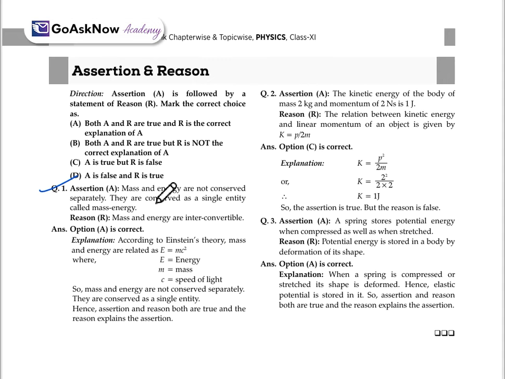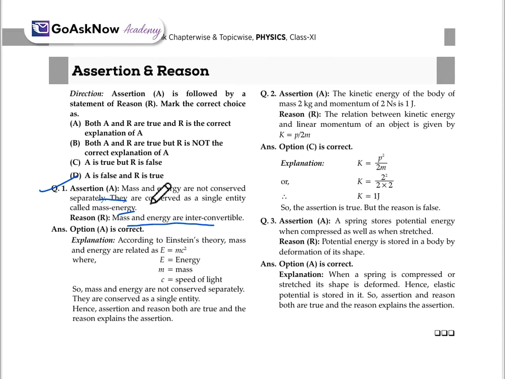Like this first one, we have the assertion: mass and energy are not conserved separately. They are conserved as a single entity called mass energy. That's fine. The reason is: mass and energy are interconvertible. So yes, mass and energy are interconvertible. We can convert them. That's fine, which means B is correct.